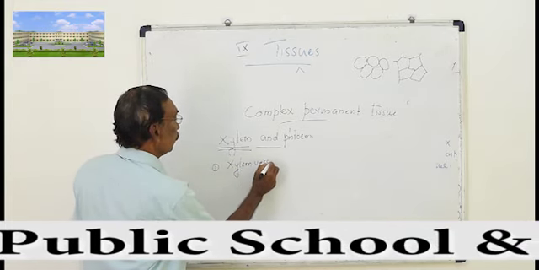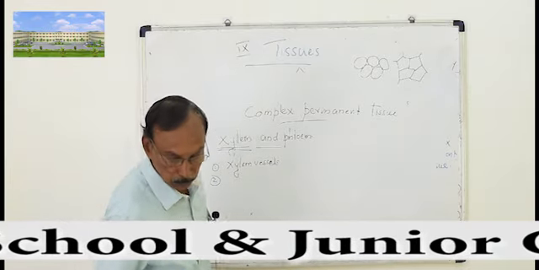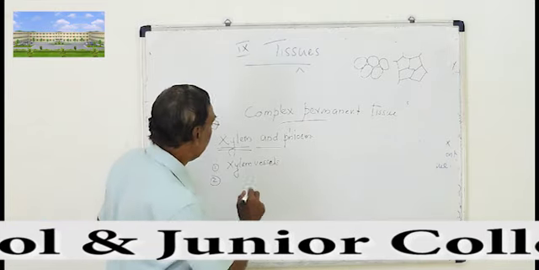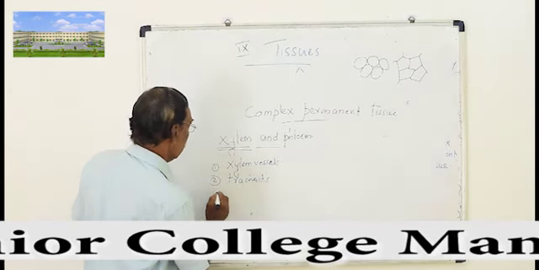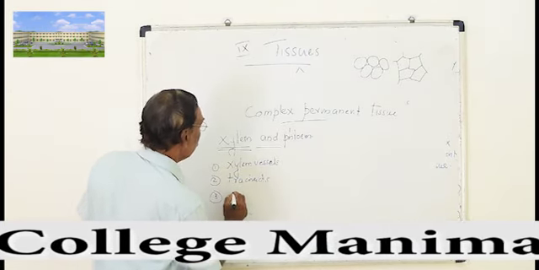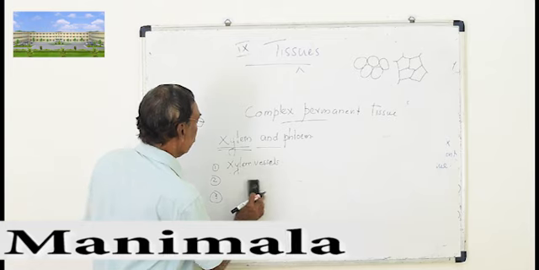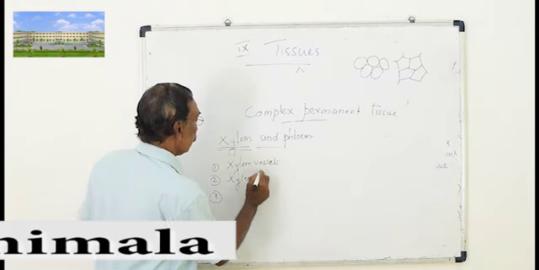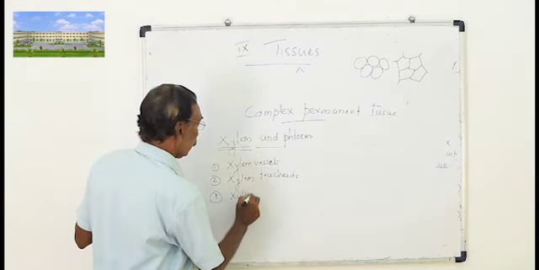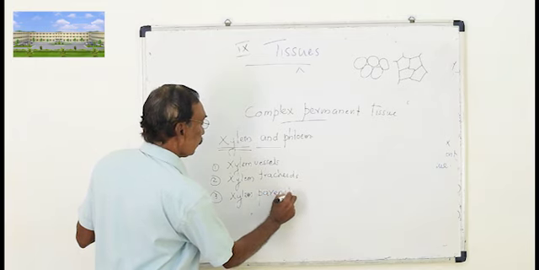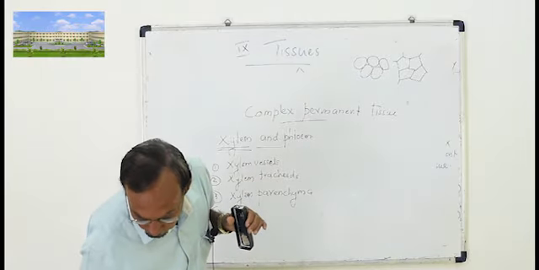Then the second type is xylem fibers, xylem tracheids, then xylem parenchyma. And the fourth one is xylem fibers.